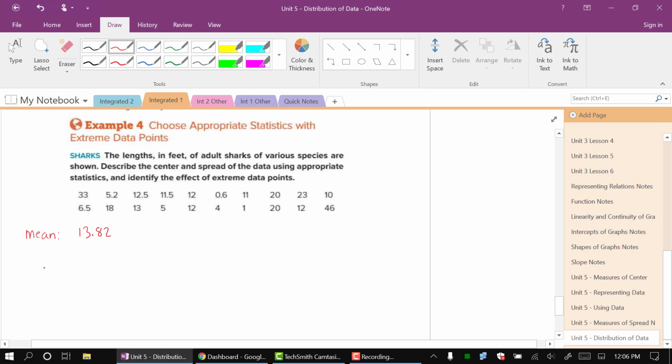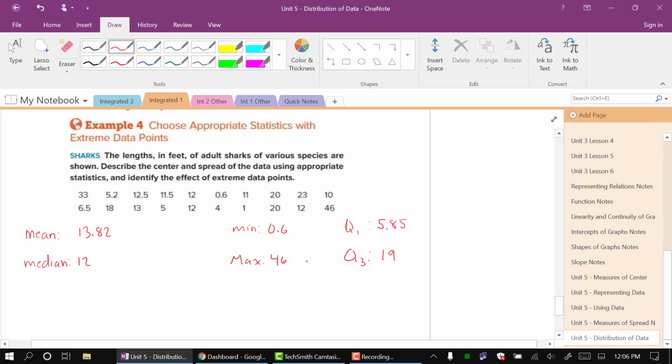And so that gives me 13.82. My median, my middle number, after I put them in order, is 12. My smallest number, so my min number, is 0.6. My biggest number, my max number, is 46. Now my lower quartile, so my quartile 1, that's going to be 5.85. And my quartile 3 is going to be 19.